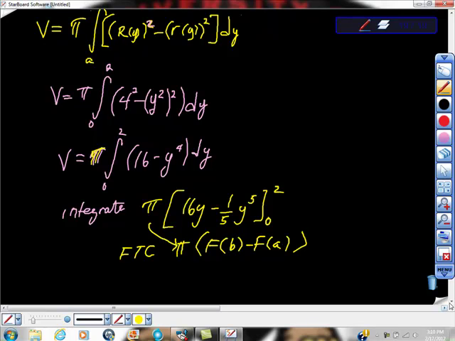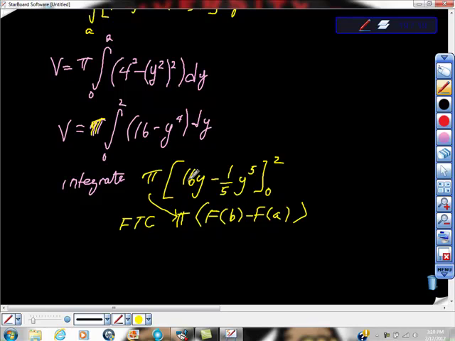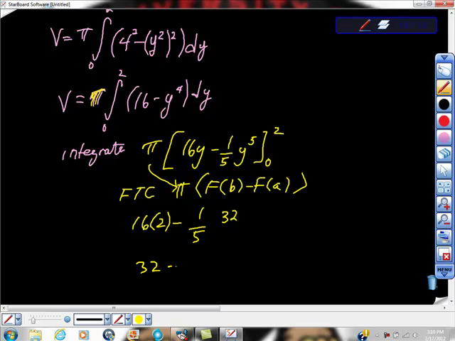This works out great because we don't have to evaluate the a part, since it would go to 0. So it's 16 times 2 minus 1/5 times 2 to the 5th. 2 to the 5th is 32, so we have 32 minus 32 fifths.